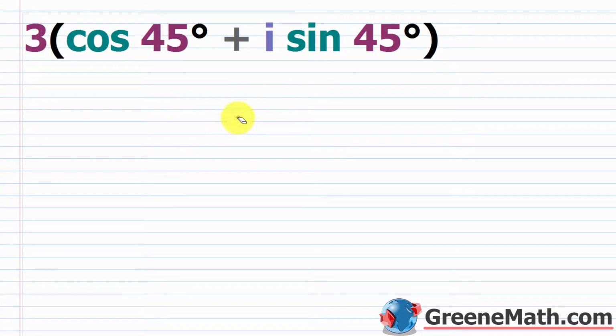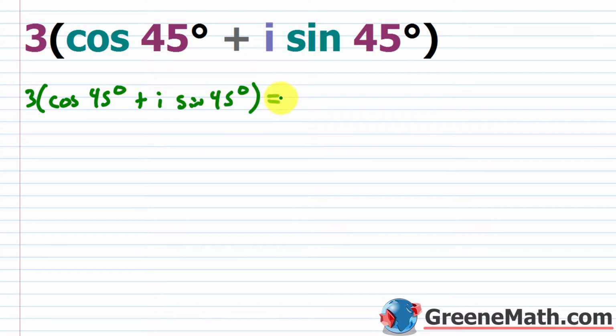So all I'm going to do, let me just rewrite this. So I'll just say that 3 times the quantity cosine of, let's say, 45 degrees plus i times the sine of 45 degrees is going to be equal to, again, I'm just going to take a generic complex number in polar form. So I'm going to say r times the quantity cosine of, I'm going to use alpha here instead of theta.